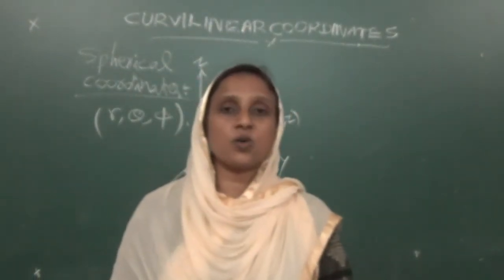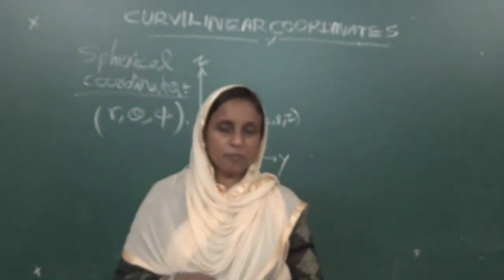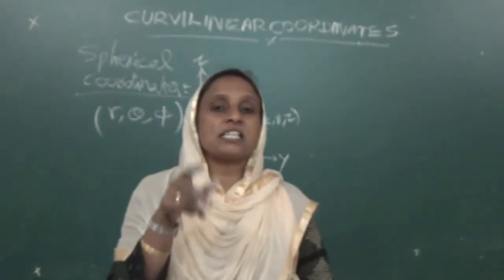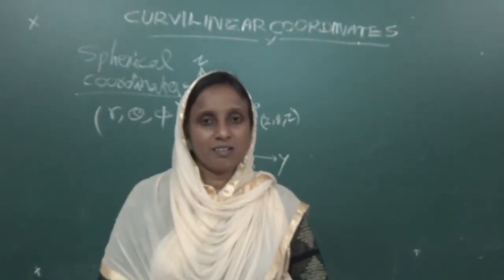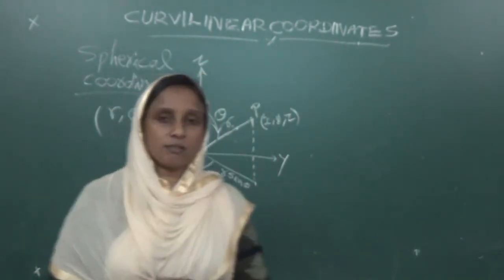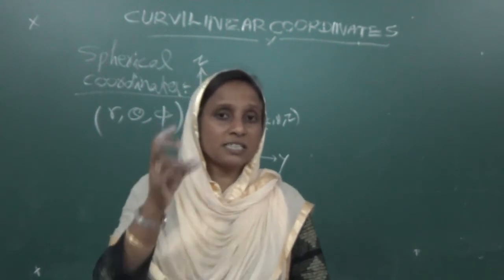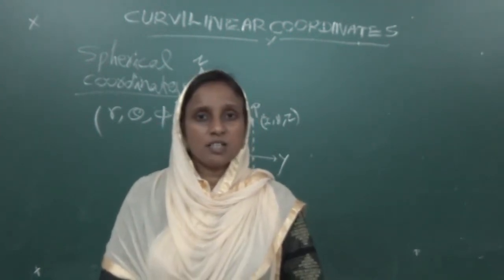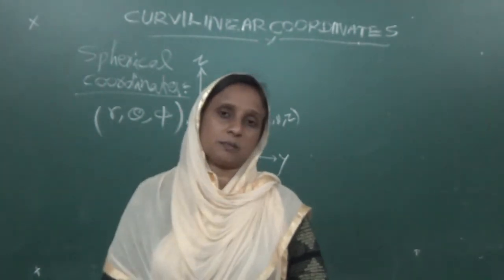This spherical coordinate system is also an orthogonal coordinate system. That means all three basis vectors are mutually orthogonal. In this coordinate system, in order to specify a point in three-dimensional space, we need three mutually perpendicular variables.